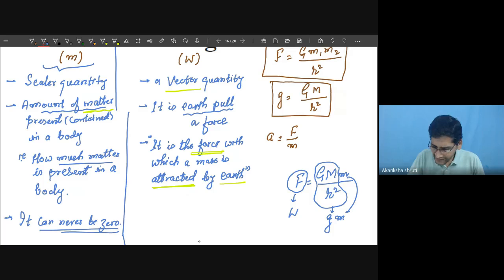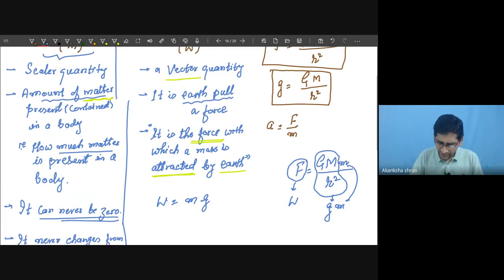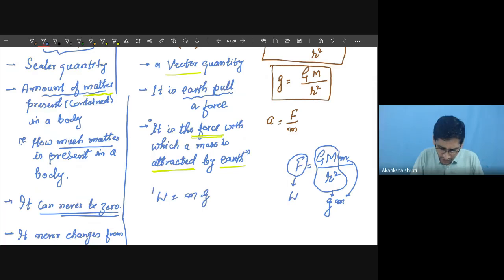So this weight is nothing but the force with which the earth is attracting any object toward itself. So this weight is given by m into g. Means weight depends on mass, but mass does not depend on weight.